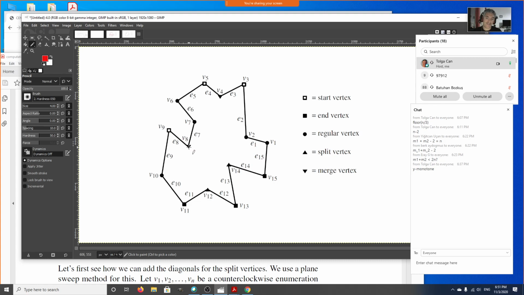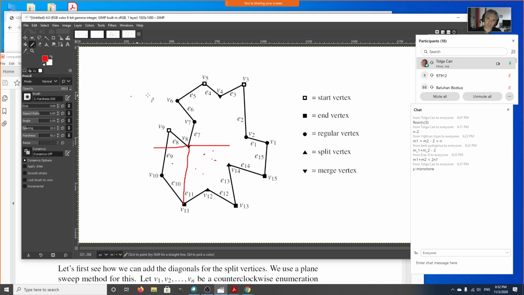If I can draw a diagonal from this merge vertex to some other vertex that is below it, okay, what will happen is that this neighbor is going to be above, this neighbor is going to be below, right? I mean, if you can draw a diagonal to some vertex that lies below the sweep line, this vertex V8 turns into a regular vertex.